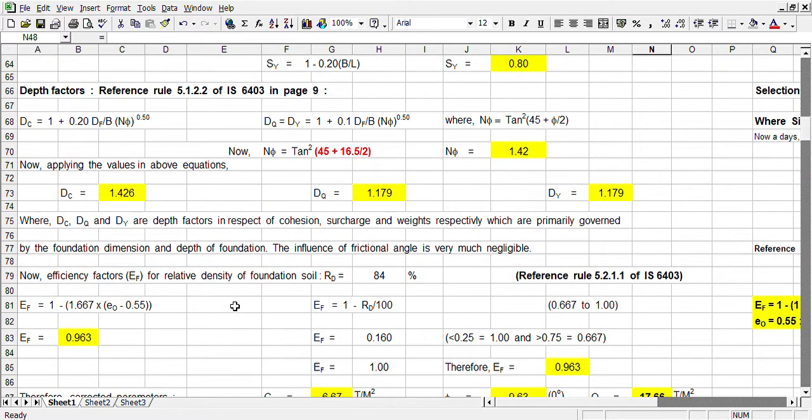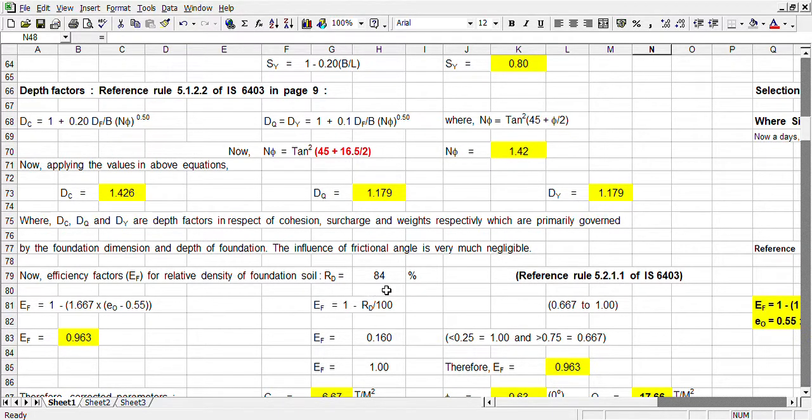And a most important factor is the two conditions of local shear and general shear. For general shear, if relative density is greater than 75% and void ratio is less than 0.55, then it is general shear.